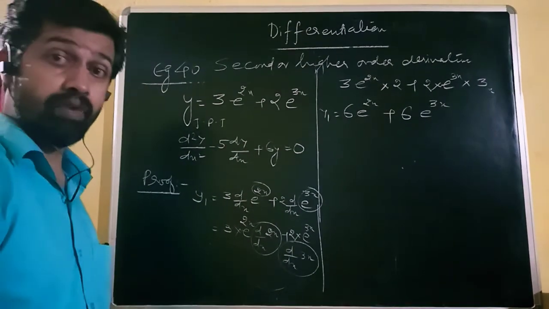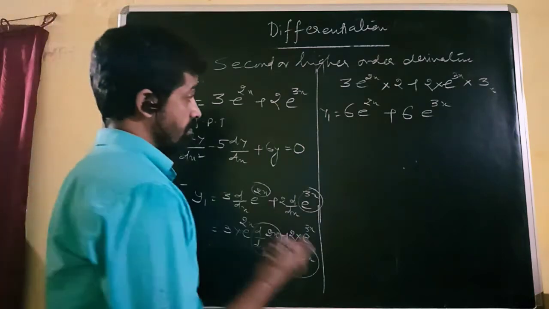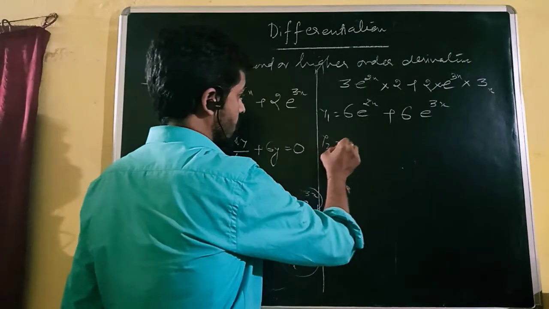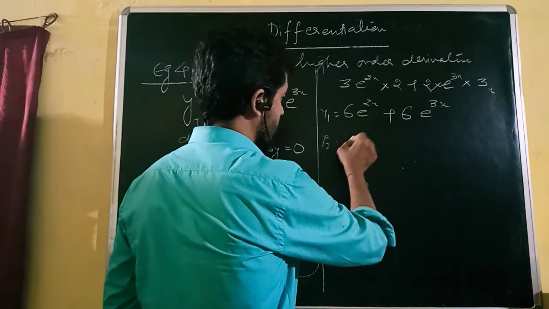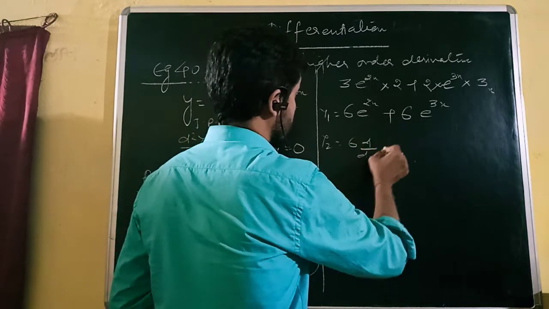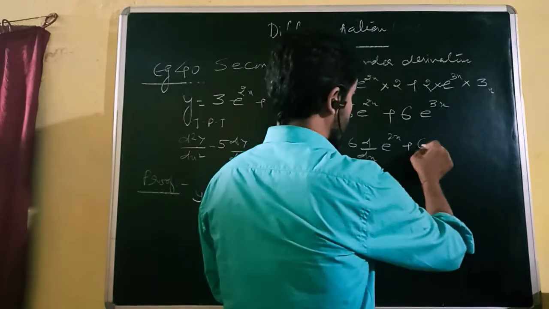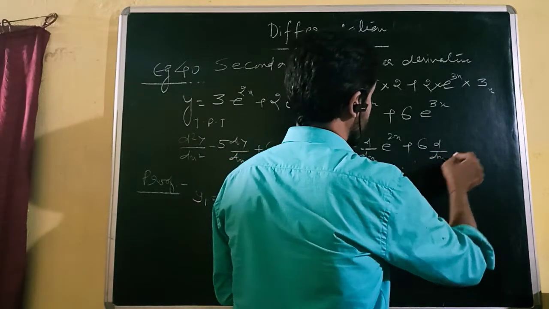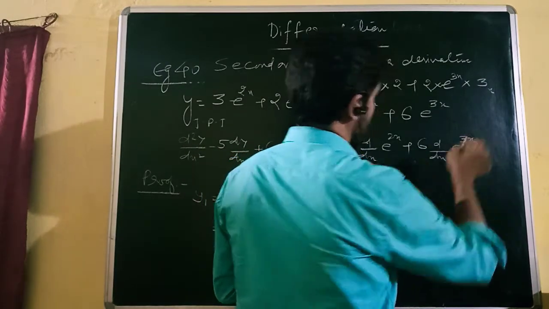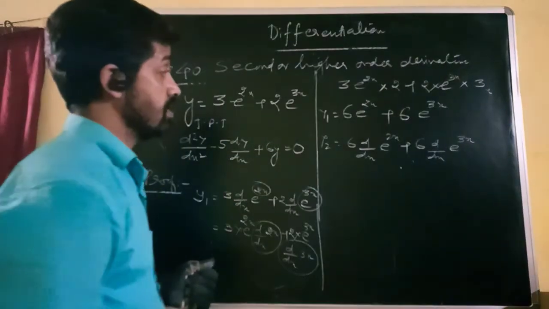Now we have to go for y2. While going for y2, we get 6 times d dx of e to the power of 2x, then again 2 times 3 times d dx of e to the power of 3x.